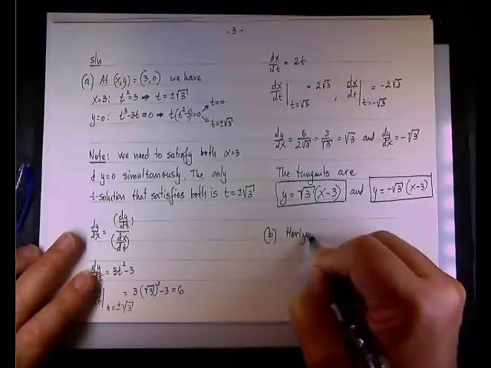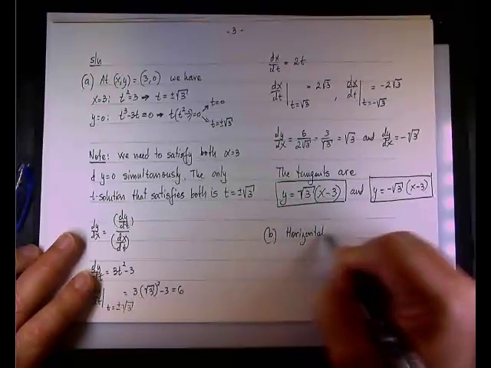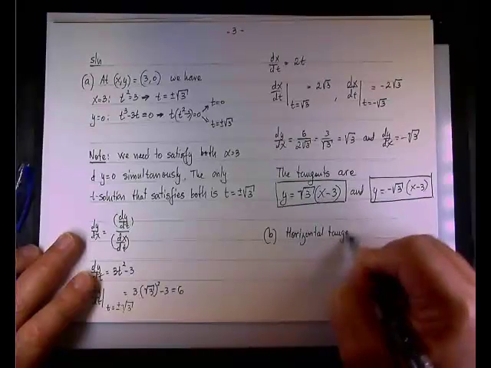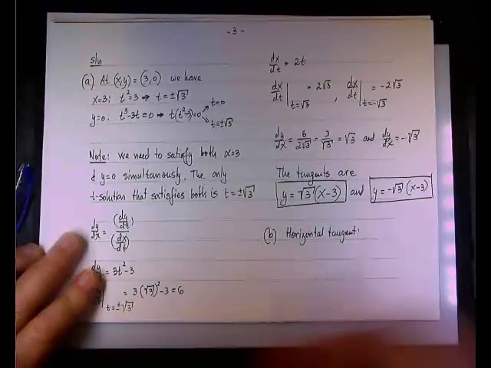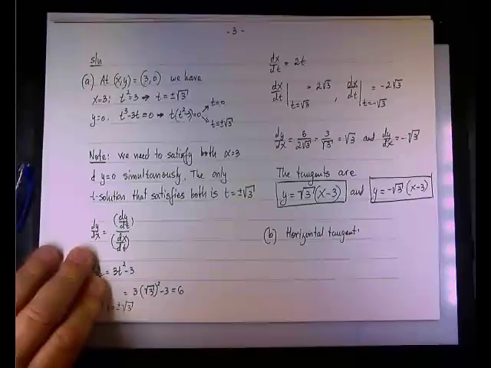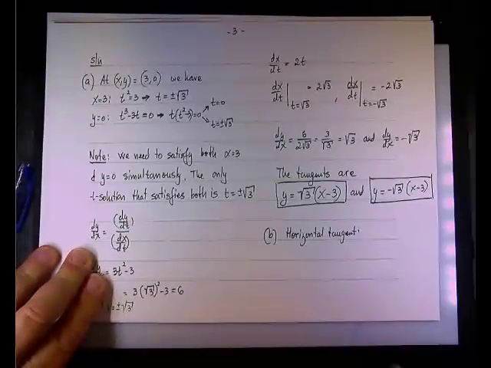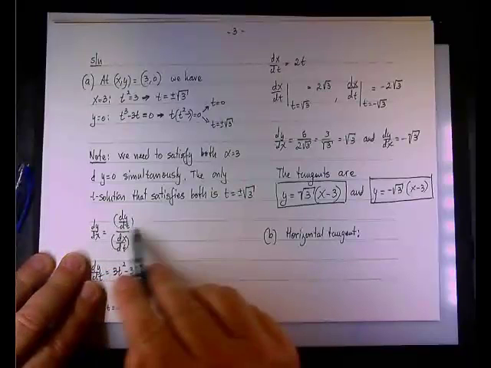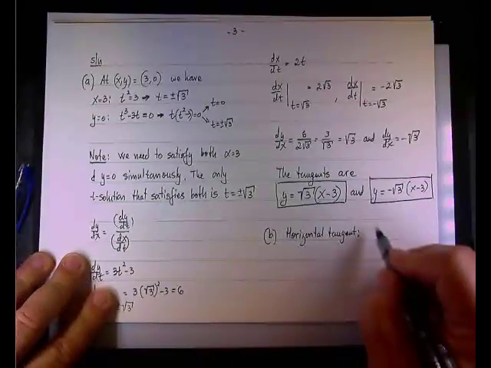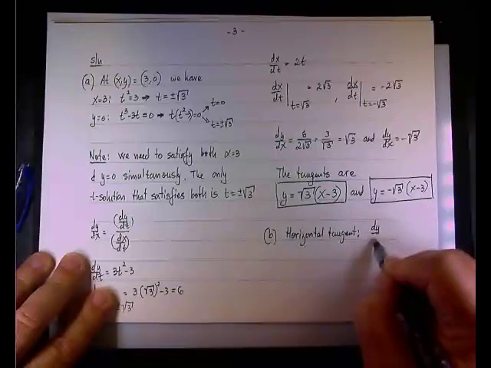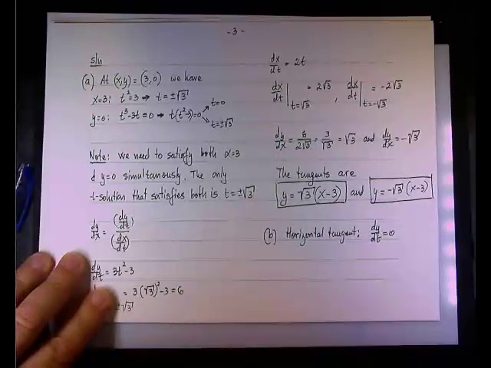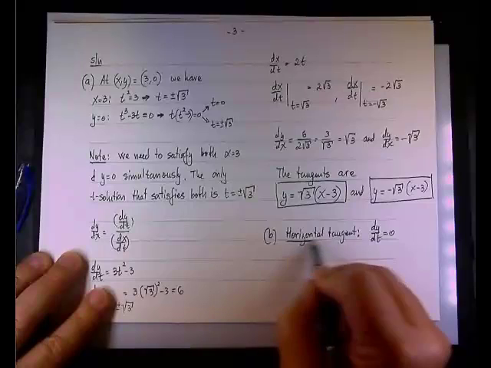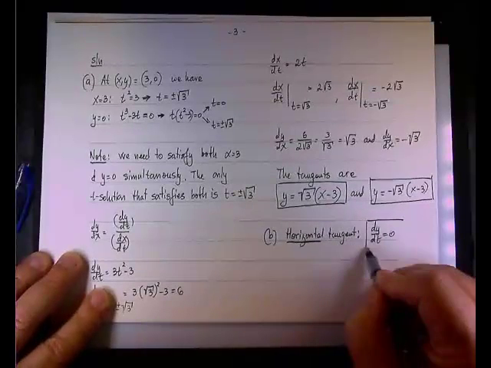Well, for a horizontal tangent, we need dy/dx to equal 0, right? And to do so, for dy/dx to equal 0, we require dy/dt to equal 0.